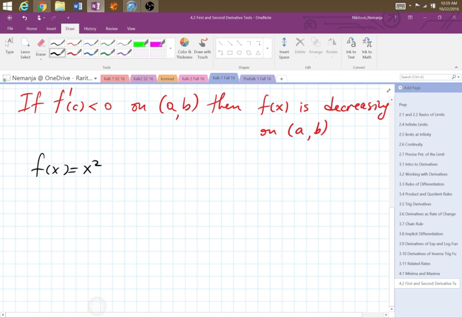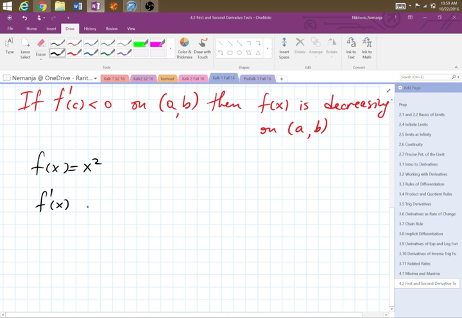So find the first derivative, which is 2x, set it equal to 0, and obtain 2x equals 0, from where x is equal to 0, and eventually (0, 0) as the critical point. Great.